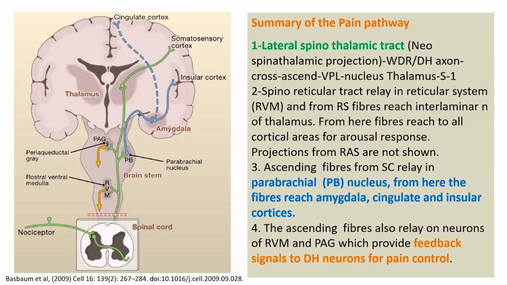The collaterals given to the parabrachial nucleus, from here the axons of the parabrachial nuclear fibers reach the amygdala and then the insular cortex, cingulate cortex, or the hypothalamus.